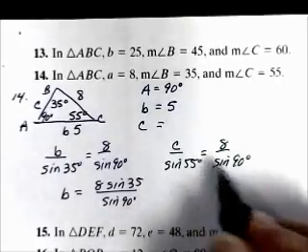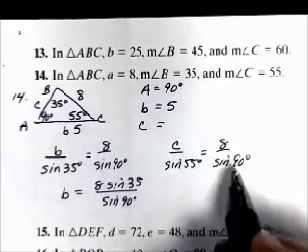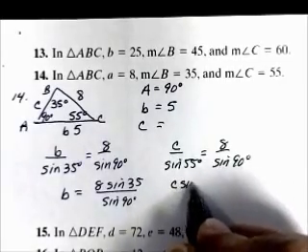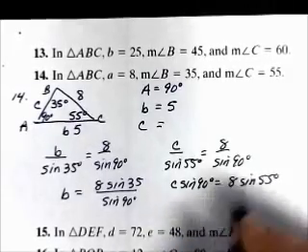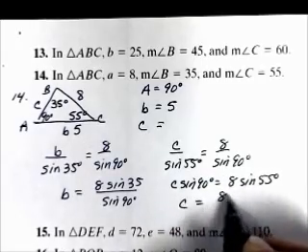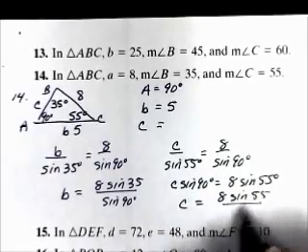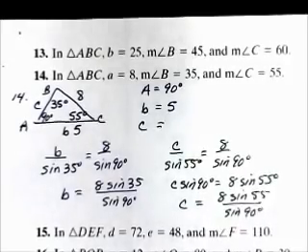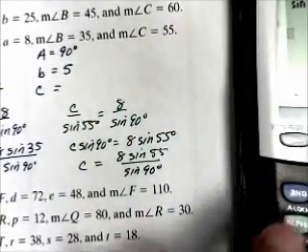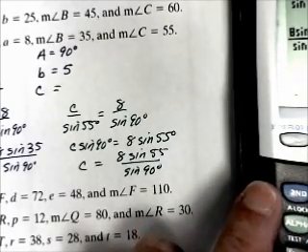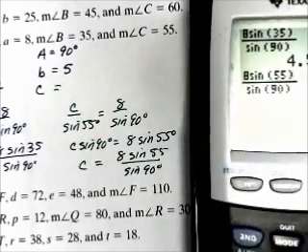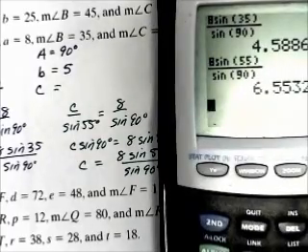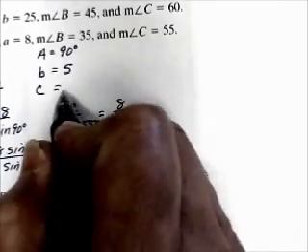When I cross multiply here, I'm going to end up with c times sine of 90 equals 8 times sine 55. Divide by sine of 90. c equals 8 sine 55 divided by sine of 90. Just change that to 55. So we have 8 sine 55 divided by sine 90, rounding to 7. So c equals 7.